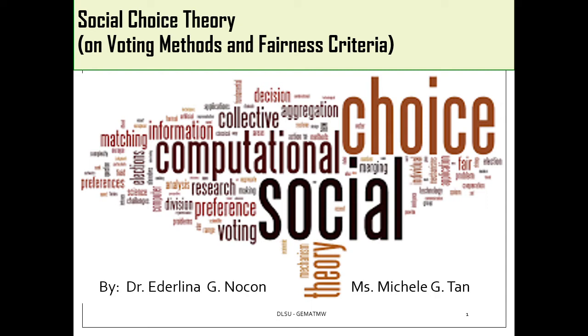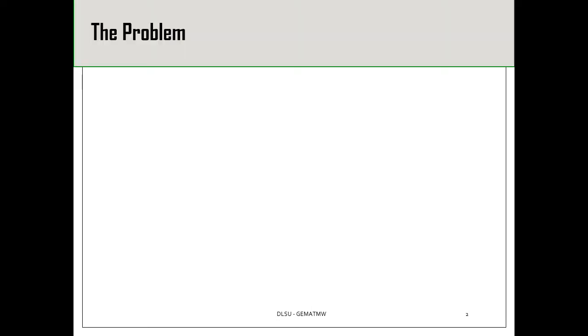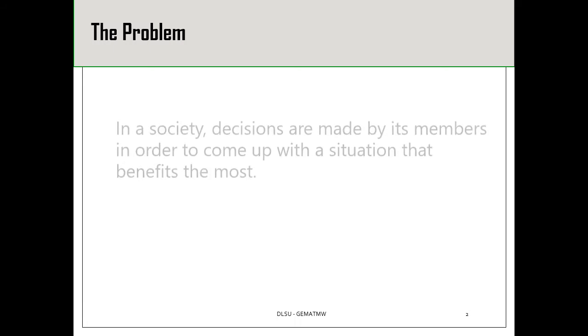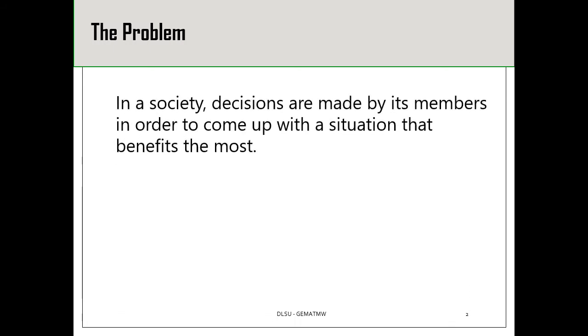Now, in order to understand social choice theory, let's discuss the problem. In a society, a club, a corporation, a group, or a country, decisions are made by the members in order to come up with a situation that benefits the most.